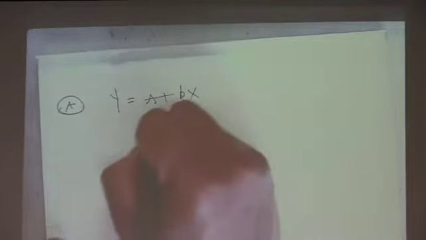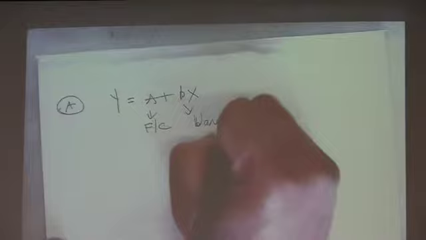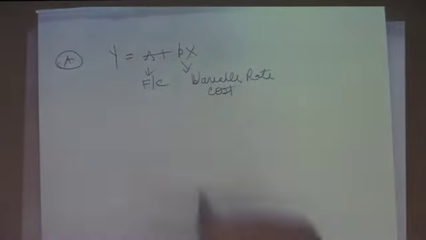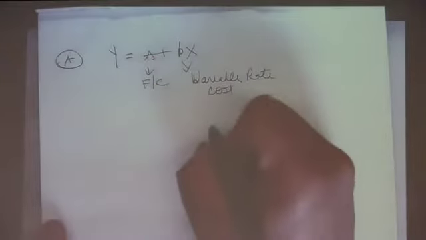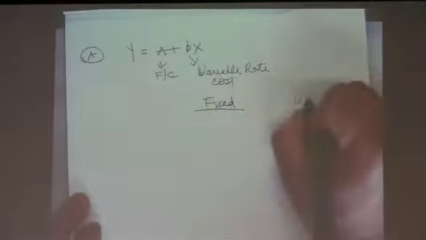So really what we're asking you to do for part A is provide the equation y equals a plus bx, where a stands for fixed cost and b stands for variable cost rate. That's really what we're asking you to do. So, first, we need to categorize our cost into fixed and variable.